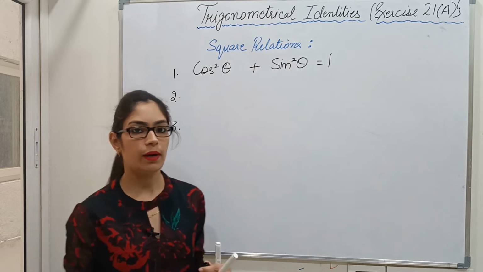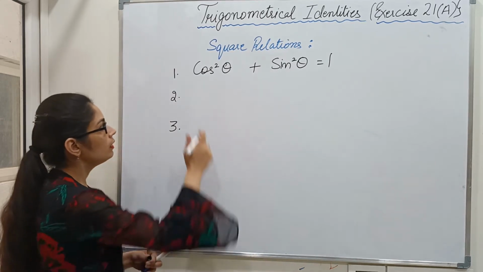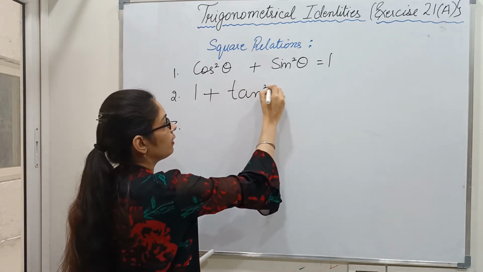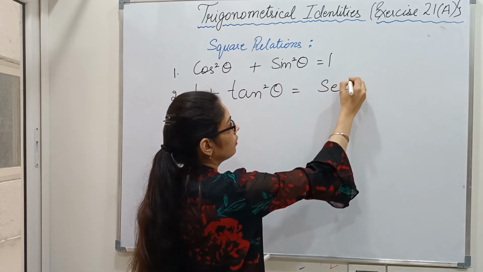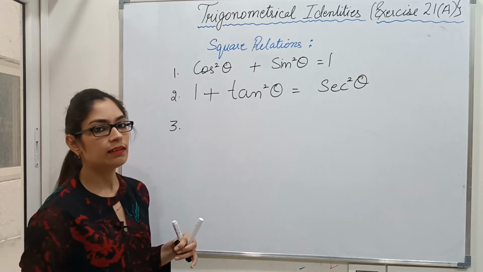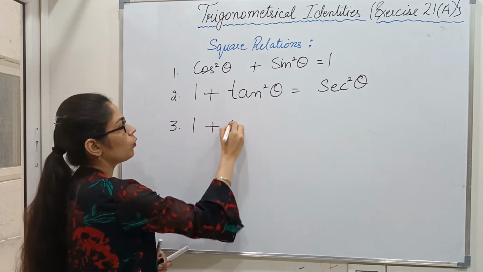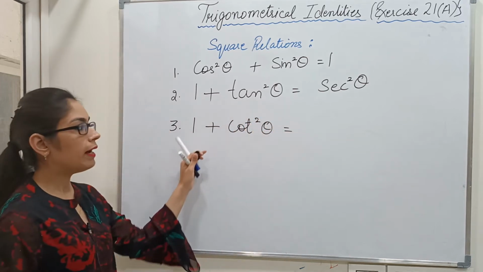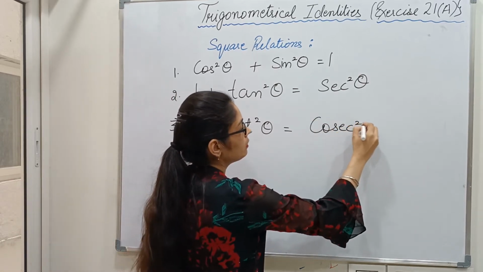That means cos and sine are related with each other. Next one is 1 plus tan square theta is equal to secant square theta. Tan and secant are related with each other. And then 1 plus cot square theta is equal to cosecant square theta.